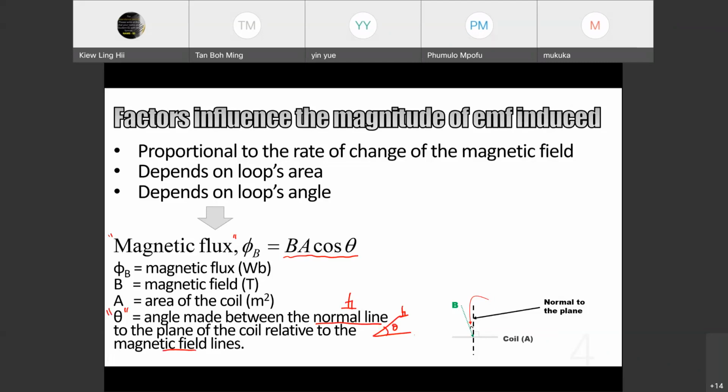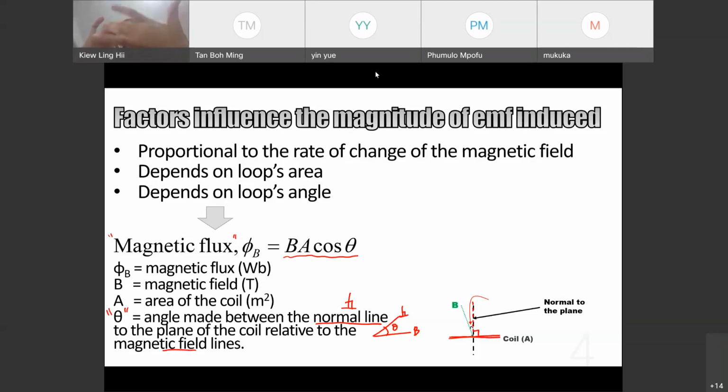So what is actually the normal line? If this is your coil, then the normal line is this, which means it is 90 degrees relative to the plane of your coil. Let me show you something. Now I would like you to look here.